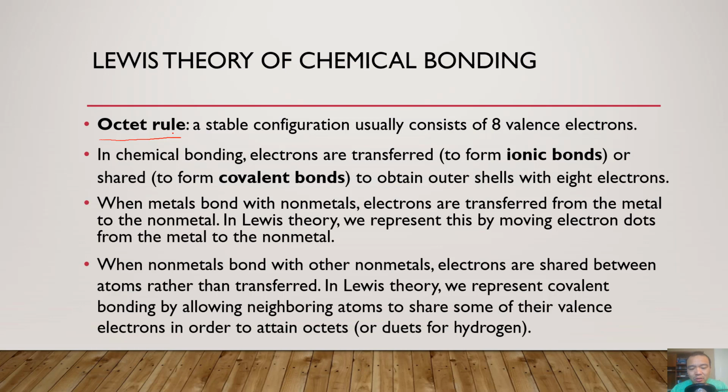In Lewis theory, we can represent covalent bonding by allowing neighboring atoms to share some of their valence electrons in order to attain an octet, or for hydrogen, a duet.